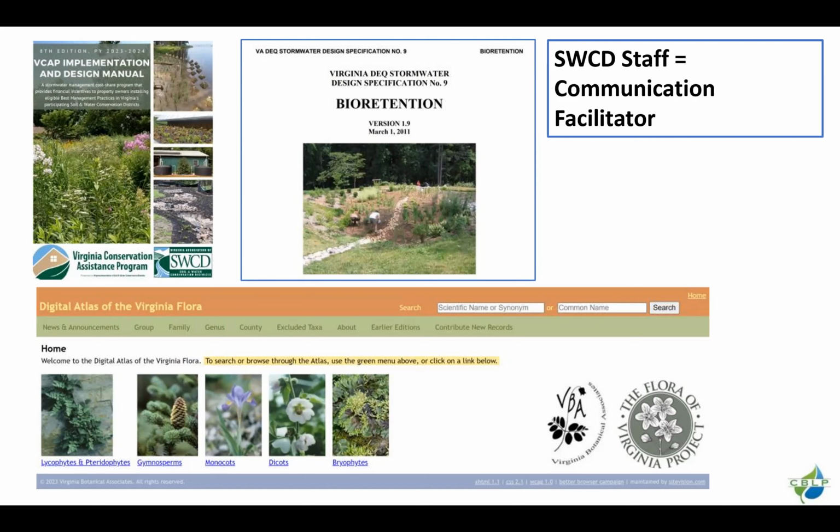That's the goal. Awesome. And I'll just make a little plug for the Virginia Native Plant Society. They have a list of local nurseries that do supply native plants, and we usually send that out. There's a high demand for native plants right now, so they're hard to find sometimes. Anyhow, you're not alone.